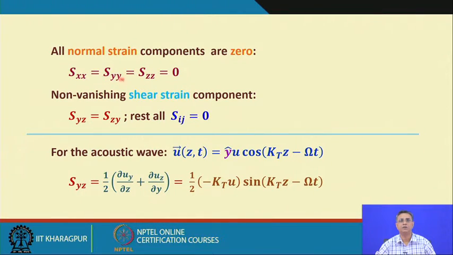So, all the normal strain components are 0 because this is a shear wave, and all other components do not get involved, they will be equal to 0.